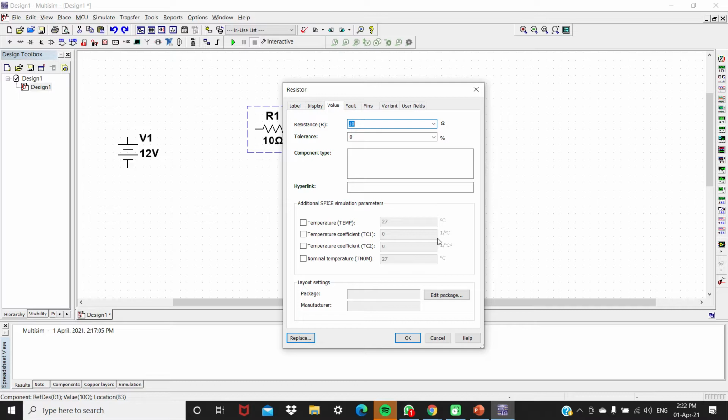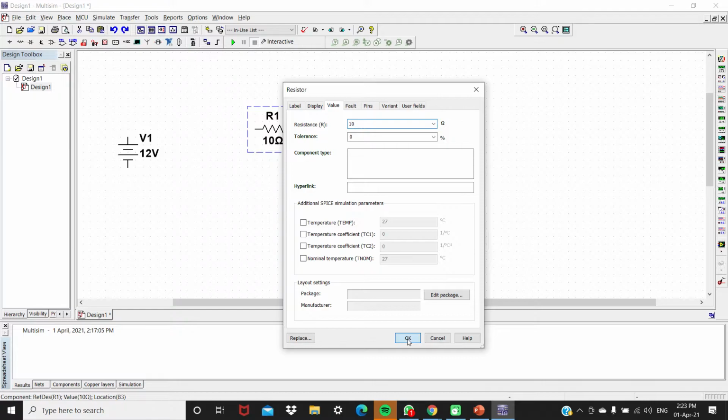You see, there are some options over here that we can change the temperature. This is nice. Take note. I might do some quizzes or some kind of tuning of the circuit using all these parameters inside the software.